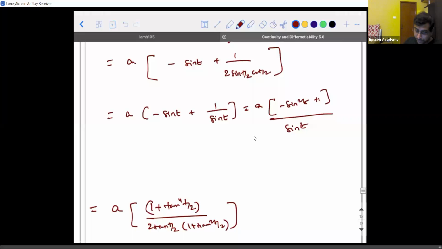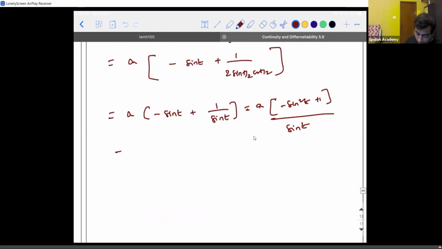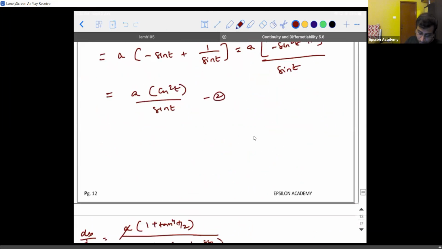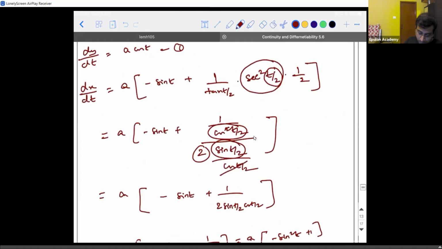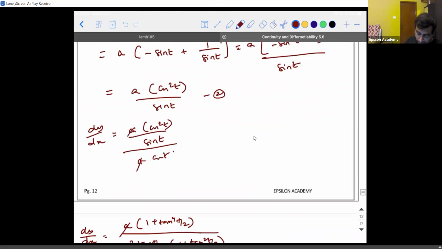So what will be the final answer, guys? A into cos square t divided by sin t. So this is 1, this is 2. So what is dy by dx? A into cos square t divided by sin t, the whole divided by a cos t. Cancel a and a. This and this will get cancelled.